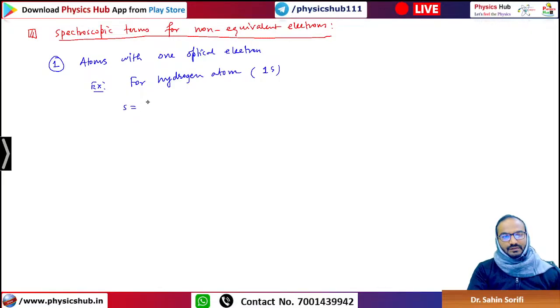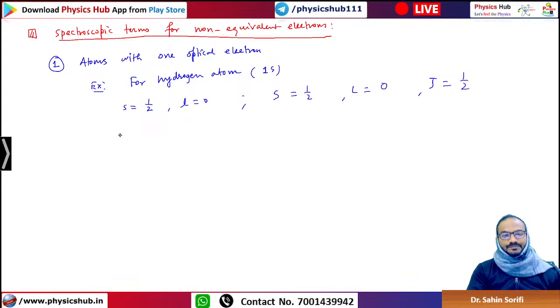Here s equals half and l equals 0. As a result, capital S will also be half, capital L will be 0, and J will be half.